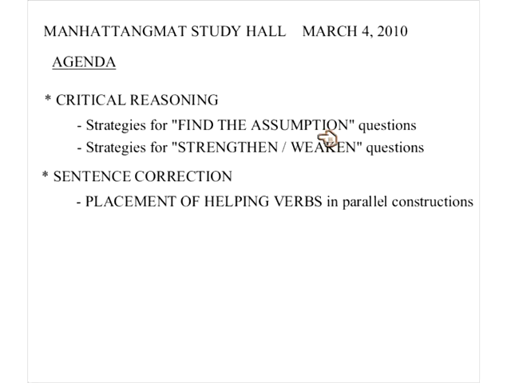Most people make the mistake of lumping all critical reasoning question types together, and that's really not such a good idea. In other words, find the assumption is so different from strengthen or weaken that they're almost like different types of questions. You should think of these two as just as different from each other as you would, say, CR and RC. But that's the deal there.